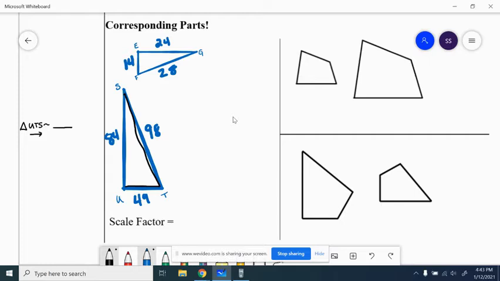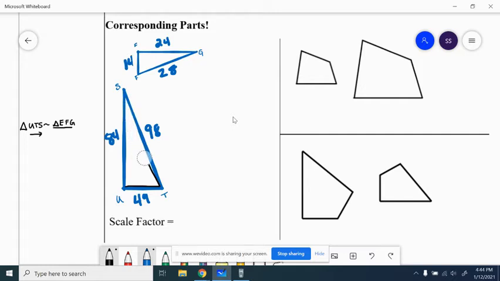So I need to do the same thing here. I'm going to go from E to F to G. Okay, so triangle EFG is similar to triangle UTS.